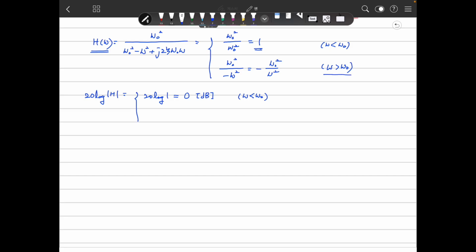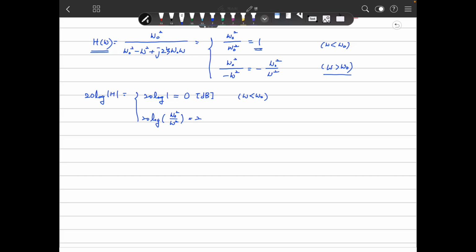In the case of omega larger than omega 0, it is 20 log of omega 0 square over omega square. Because this is a magnitude, we ignore the minus sign here.